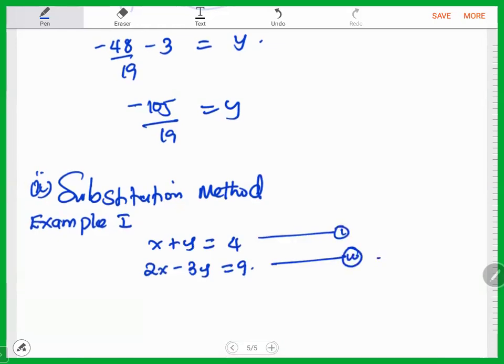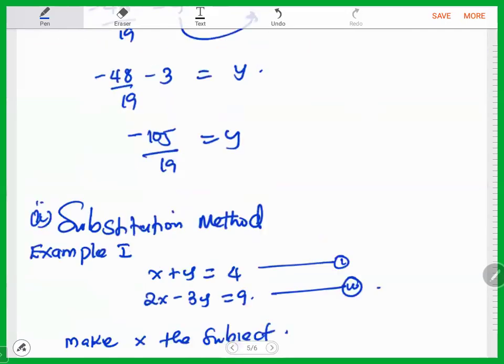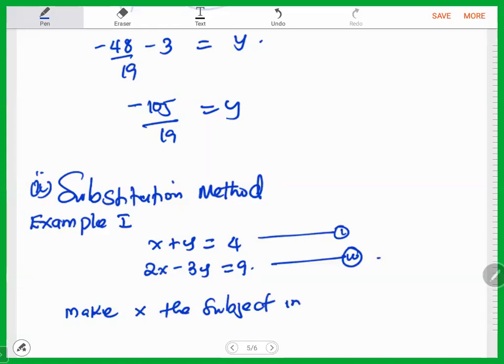So if that is the case, we make x the subject in equation 1.